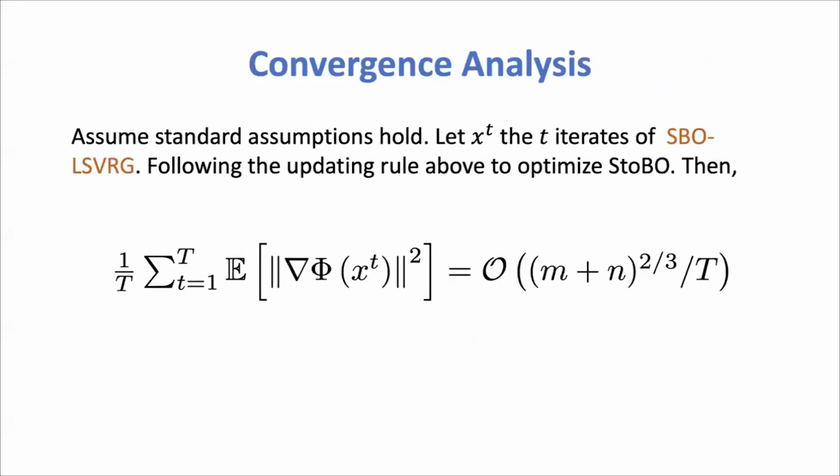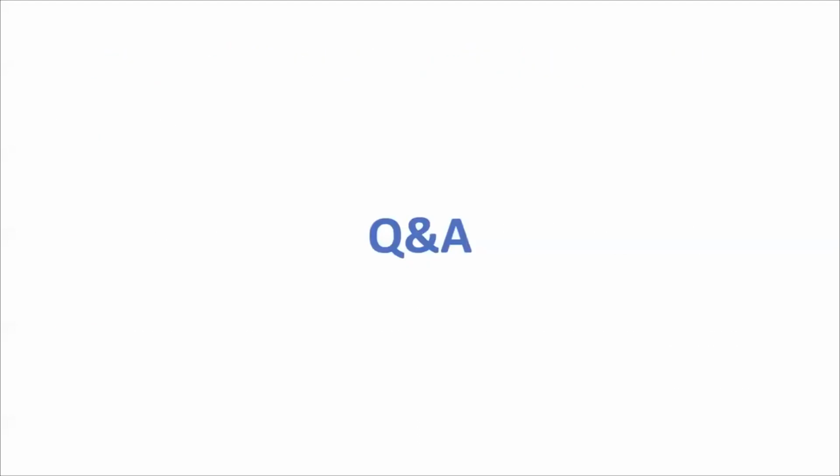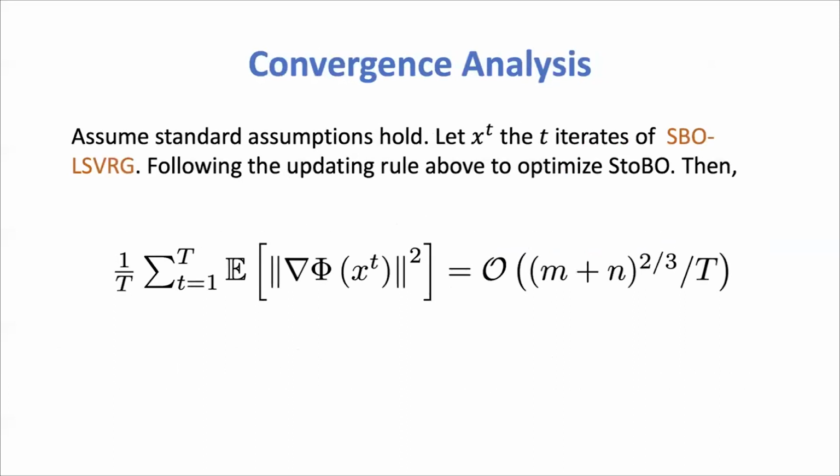And under standard assumptions, we can show our proposed SBO loopless SVRG has the following convergence rates. So the convergence rate is m times n^(2/3)/T, which is optimal.